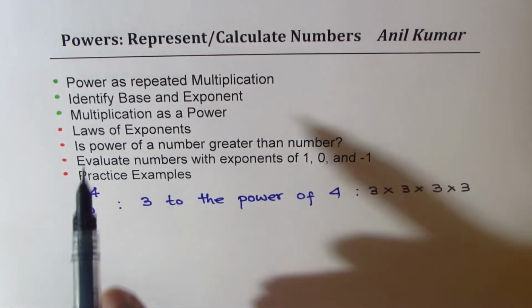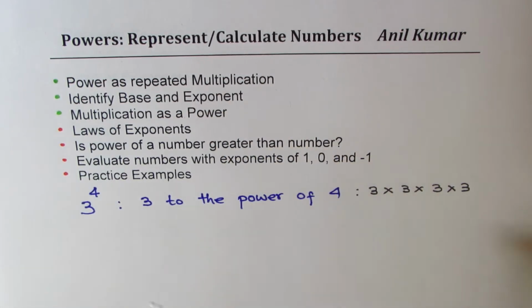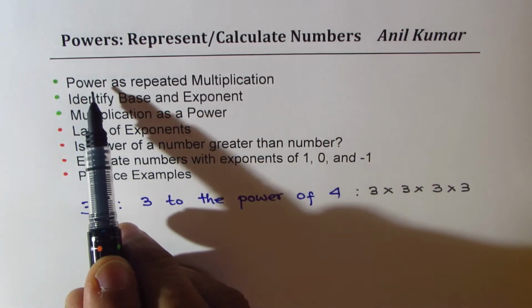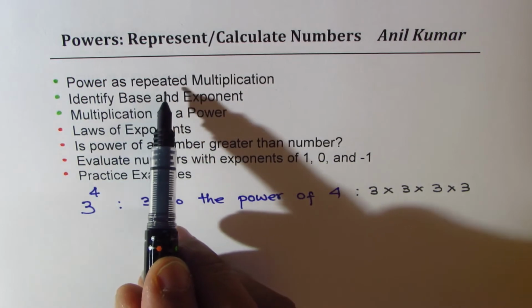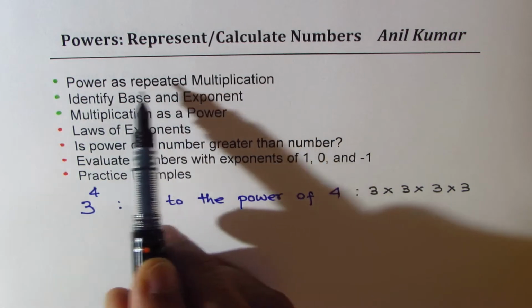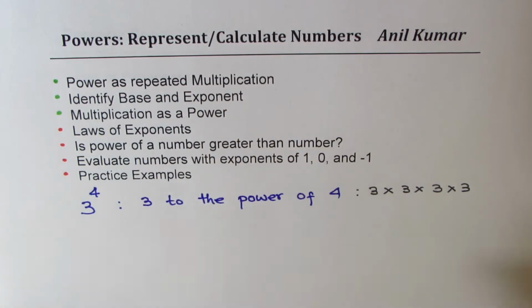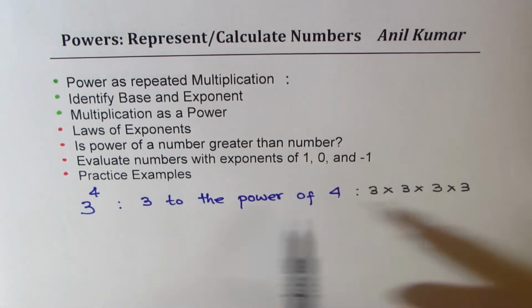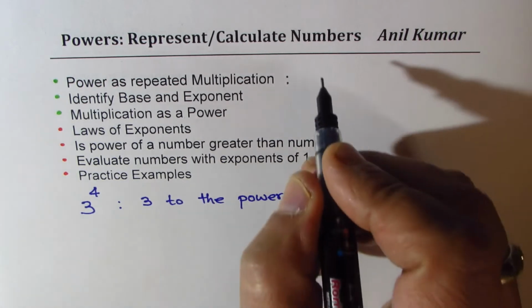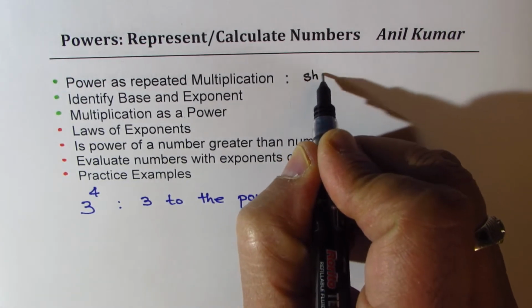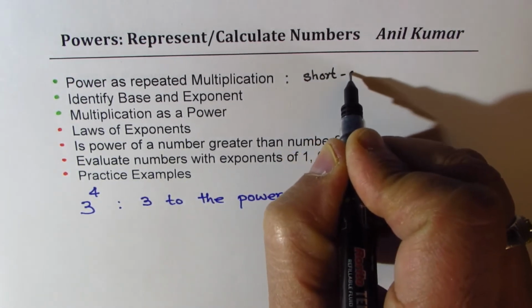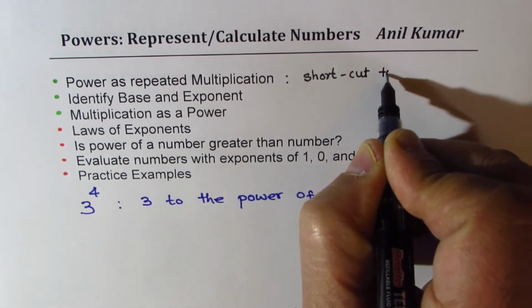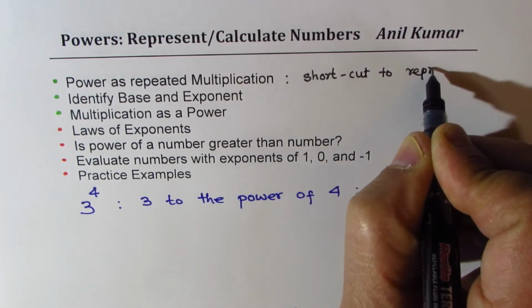Do you understand? So here we have shown you a number in the form of a power which is written as a repeated multiplication. So that was my first point. You could write a number as a repeated multiplication in the form of a power. So that is kind of a shortcut to represent numbers.